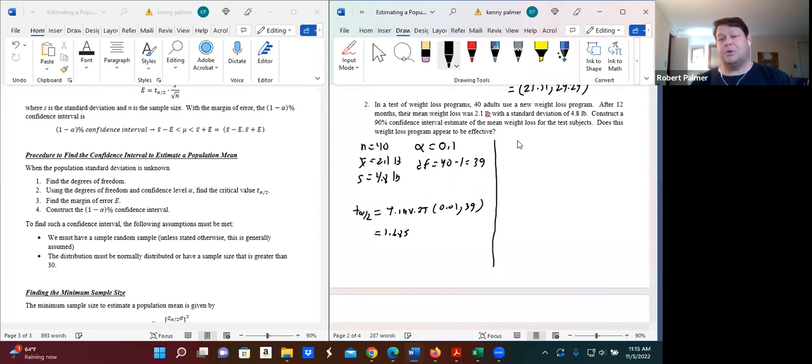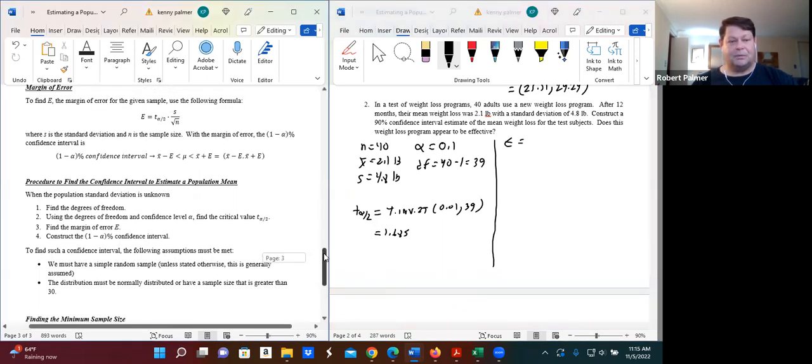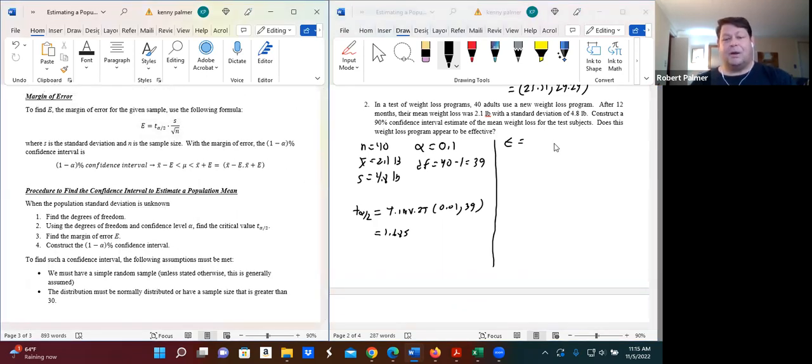All right, once again, let's construct our confidence interval. First, find our margin of error. E is our critical value, T of alpha over 2, which is 1.685, times S, which is 4.8, divided by the square root of 40.